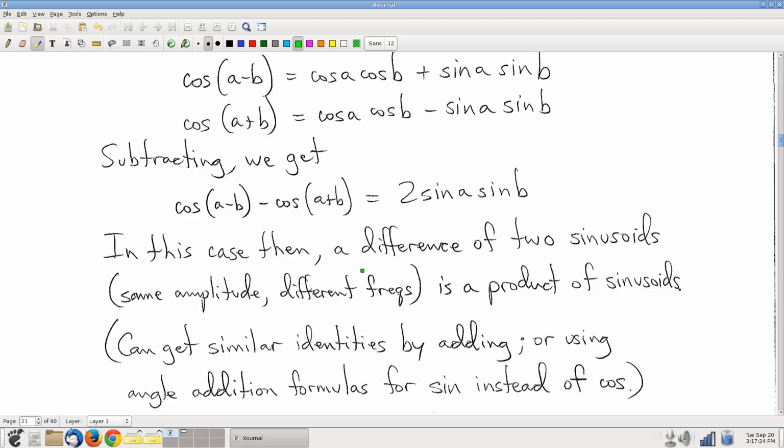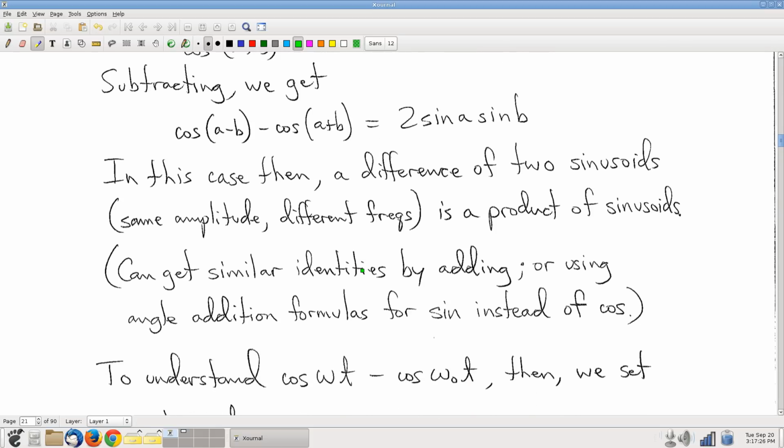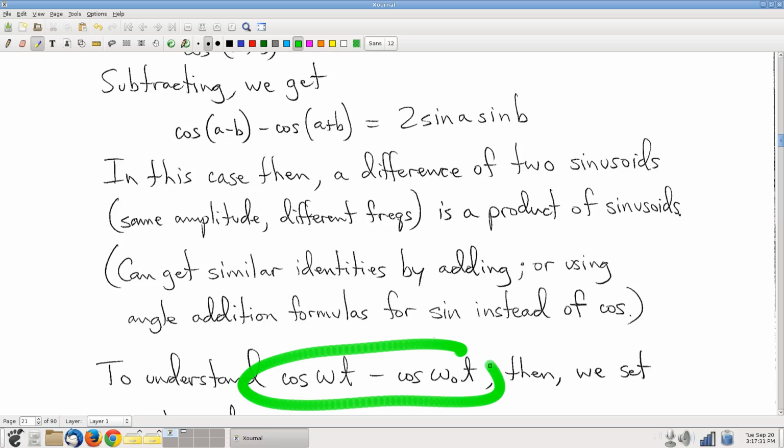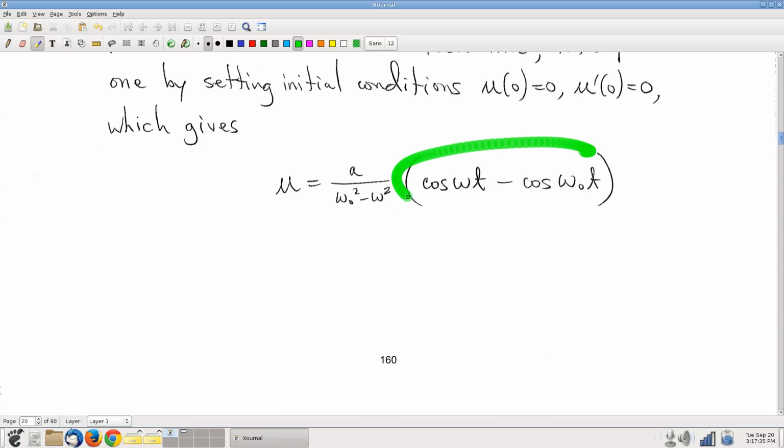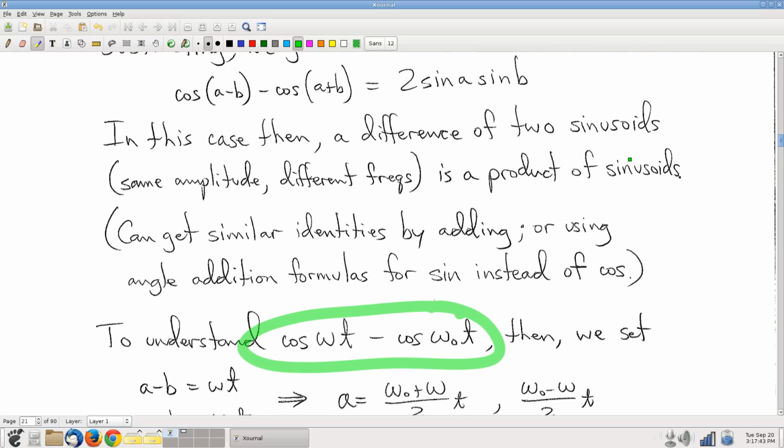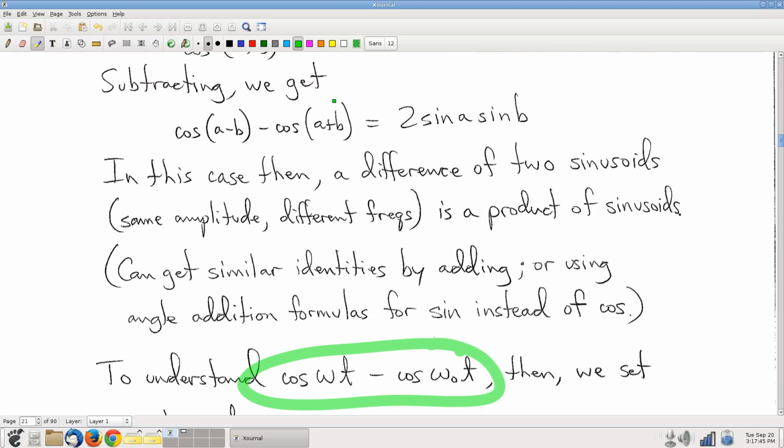Okay, all right, now that having been established, let's apply that to our situation here. We're trying to understand this function. From the previous page, this was our solution, except for the constant in front, our solution to our differential equation. We want to know what this looks like. We now have a means of understanding this difference of two cosine waves.